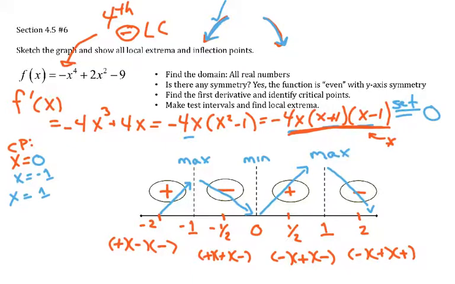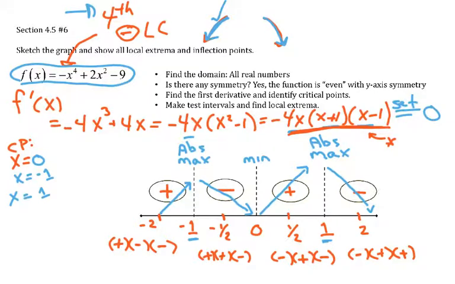Now, remember, this is a fourth degree polynomial, and it's opening down, so it's going to have an absolute max. So this is the absolute max. And how do I know that? Well, because I've already worked the problem. But we have symmetry. Whatever this f value is going to be the same as this f value.